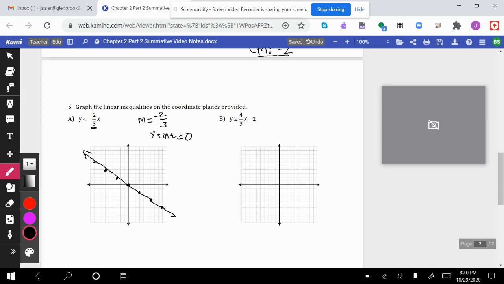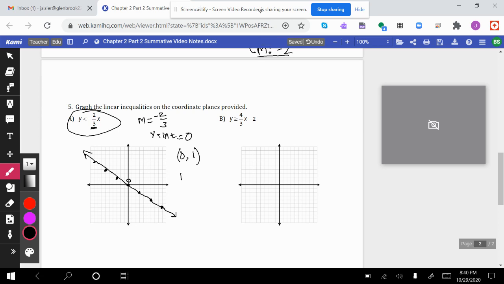What I'm going to do next is I'm just going to choose a point on either side of my line, right? So I'm just going to make it easy on myself and choose the point 0, 1. And I'm going to plug 0, 1 into my equation.